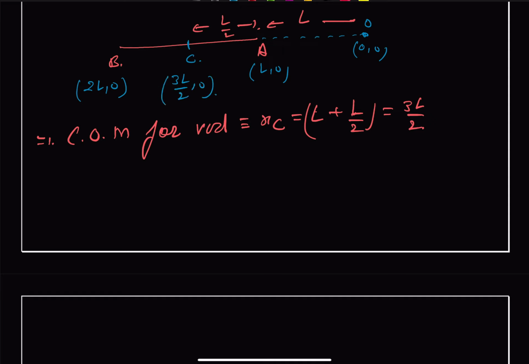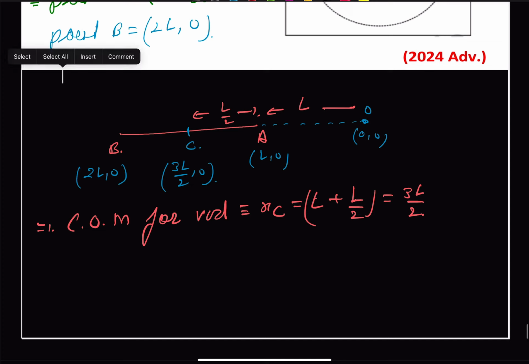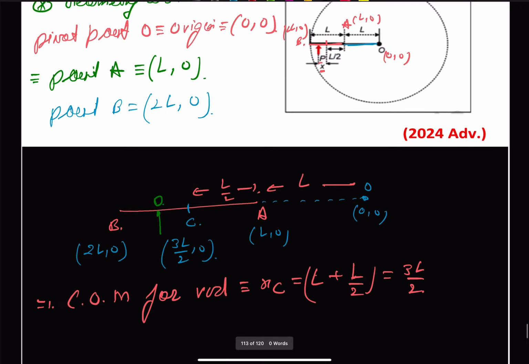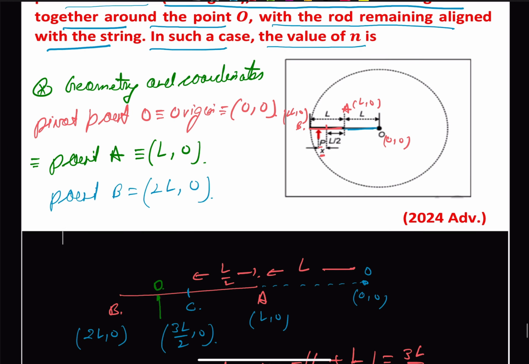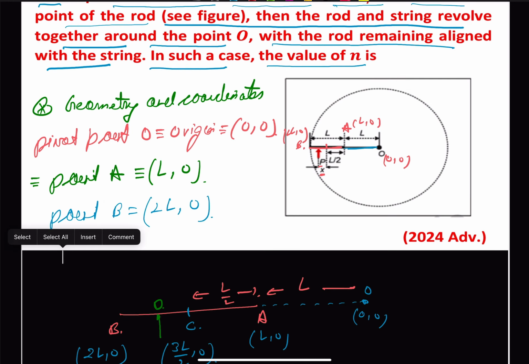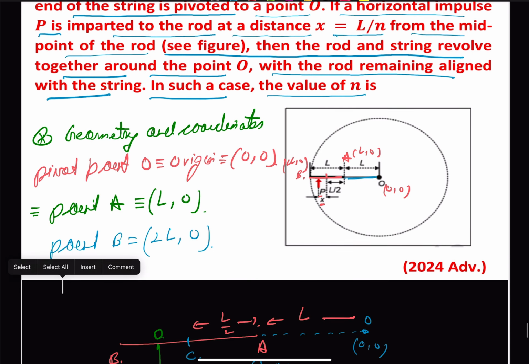And we are applying an impulse at point D. Let us suppose this is the point D where the impulse is being applied, and from C this distance is x, which is L by n.